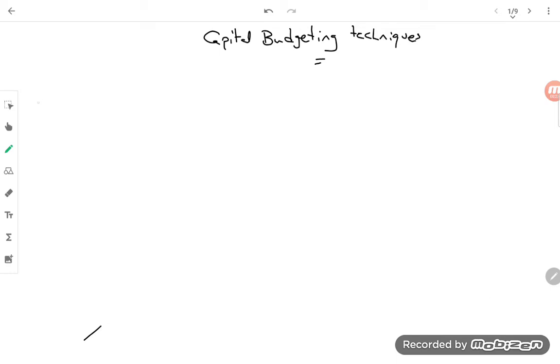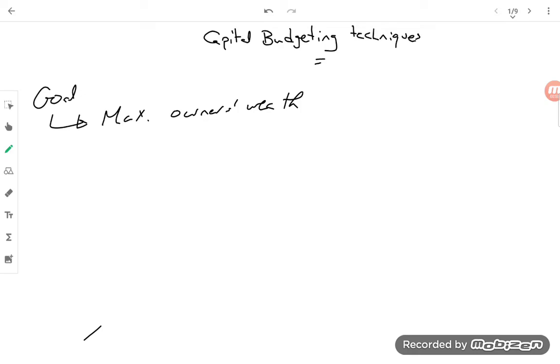The main goal of any firm, as we said before, is to maximize owner's wealth. In order to achieve this goal, firms have to evaluate and select an investment project among a number of projects.